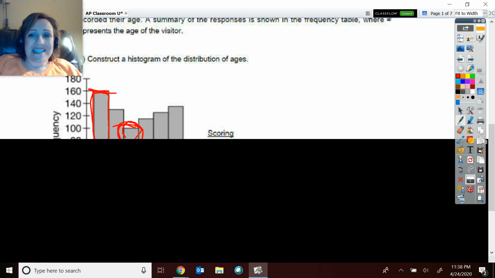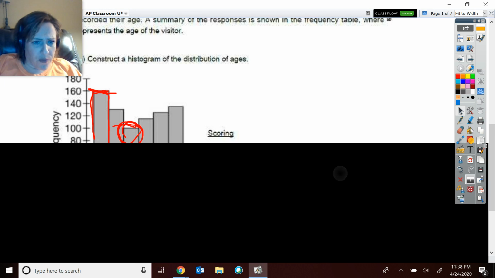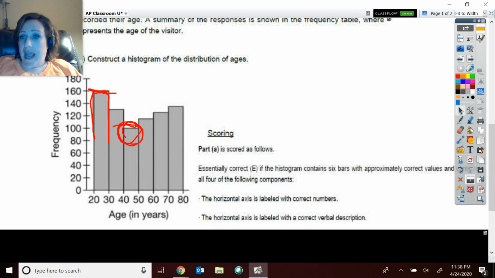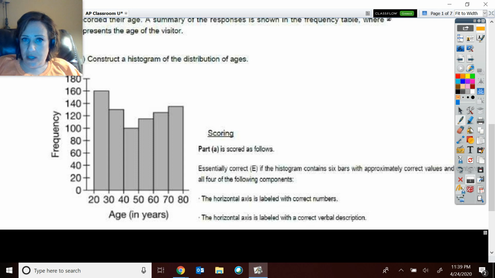The first bar is 160, the second bar is 80, or it's 100. So it's definitely not a fourth, but it looked about like that. Therefore you should not have those little squigglies, because that's going to change it. It's called violating the area principle. Histograms have to have that correct proportional relationship.